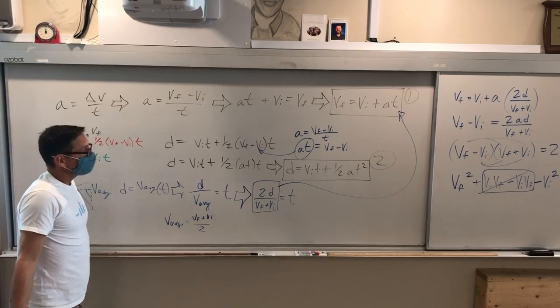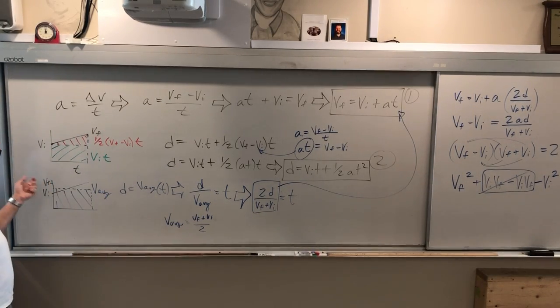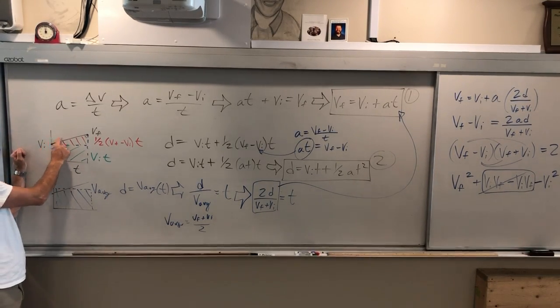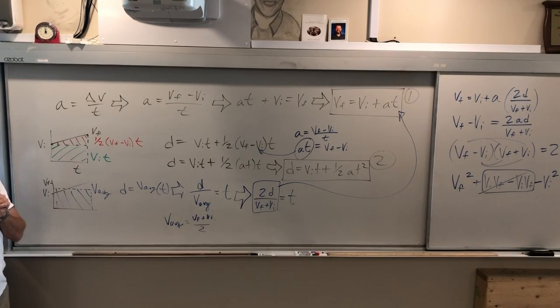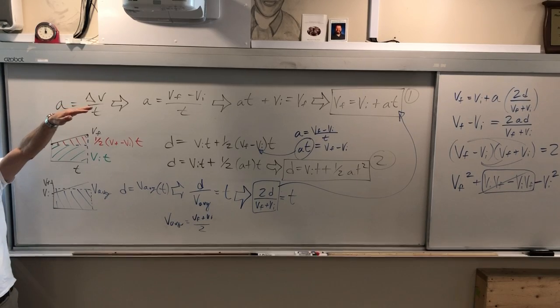After that, we go back to our graph and we go, okay, the area under here is displacement. Another way of looking at it is if I just cut this line in half, that would be our average velocity. So the average velocity is kind of the average speed you're going. It's right in between your final velocity and your initial velocity.